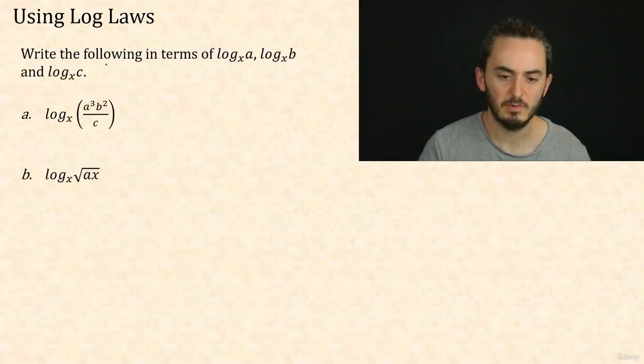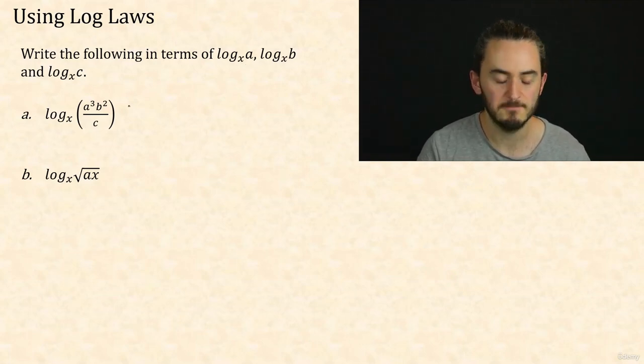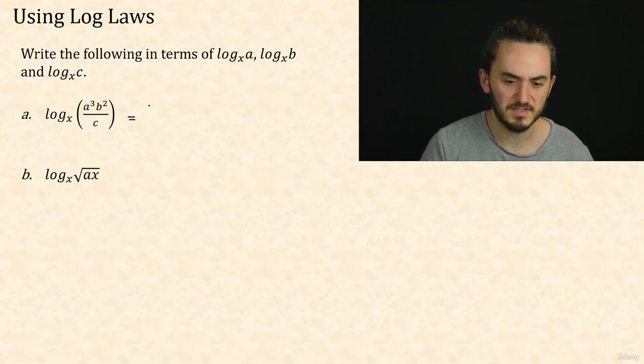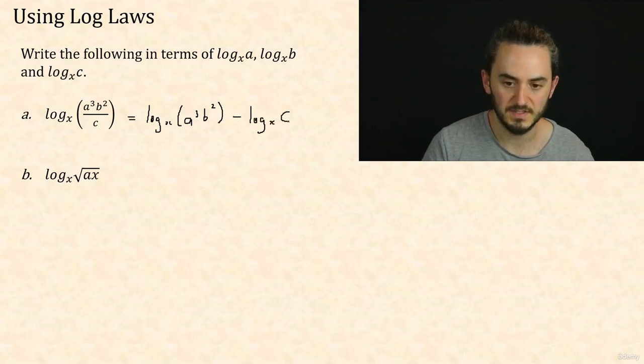All right, these ones say write the following in terms of log base x of a, log base x of b, and log base x of c. So I've kind of got to pull this all apart now. So first thing I think I can do is my subtraction law, because I've got log base x of some stuff divided by some stuff. So that's going to be the same as log base x of a cubed b squared minus log base x of c.